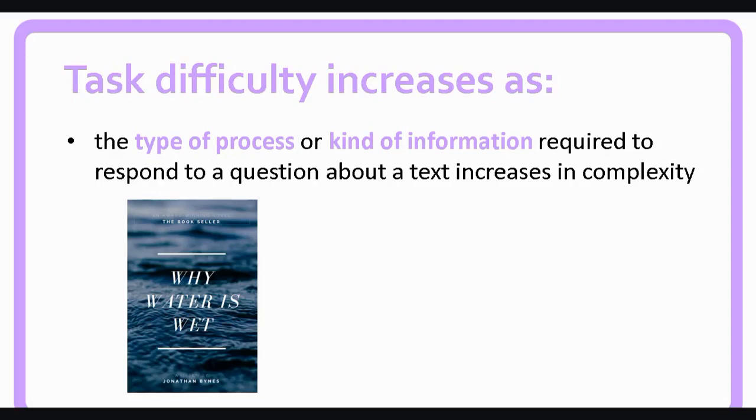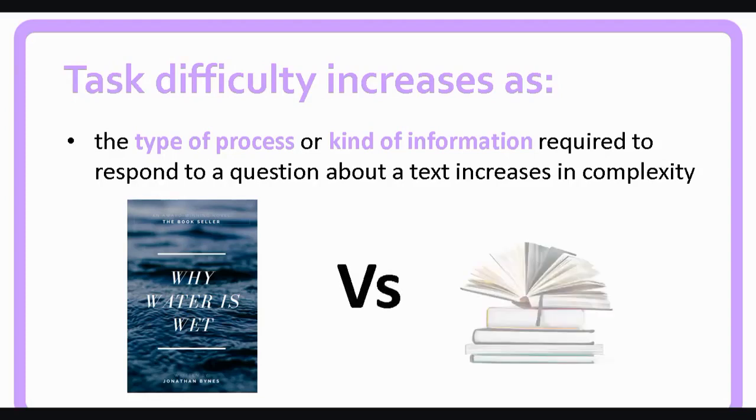But that's going to be a little bit more simple than if we're sitting there studying a variety of university-type textbooks. The task difficulty is going to be much more difficult if we've got a variety of books, especially if they have a higher academic standard and are written in a way that involves a lot more research and a lot more challenge than a novel called Why Water is Wet.